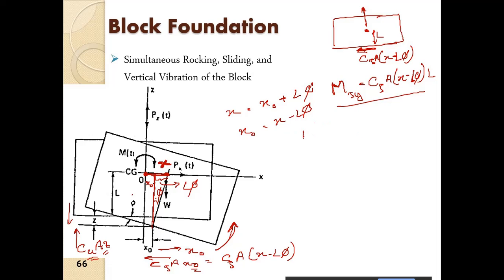We have the moment of resistance of the soil: C phi, the coefficient of non-uniform compression, into the angle of rotation into the area moment of inertia of the base foundation.